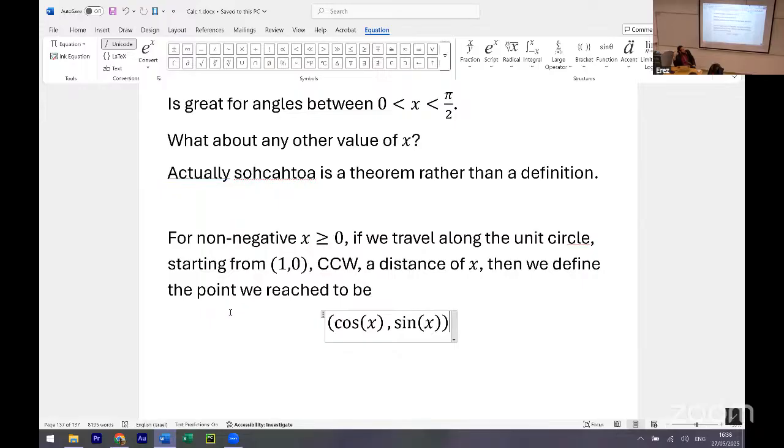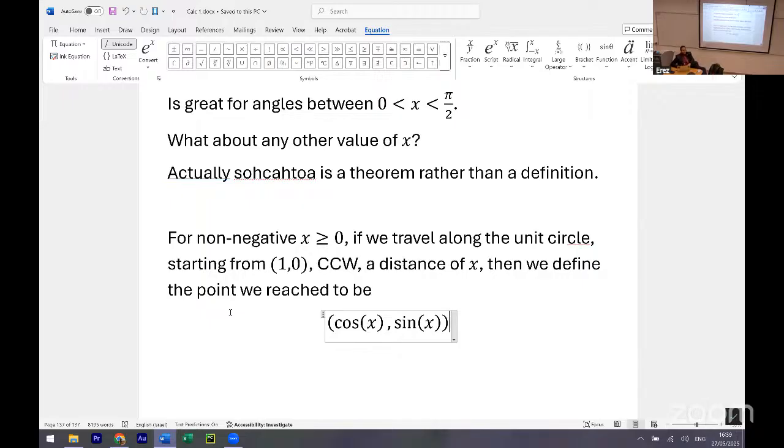It says that we took an arc of the circle with length x. It's not exactly true, because if we did full revolutions, then it's not an arc, it's a distance we've made, right? So that's the definition of cosine of x and sine of x when x is not negative.